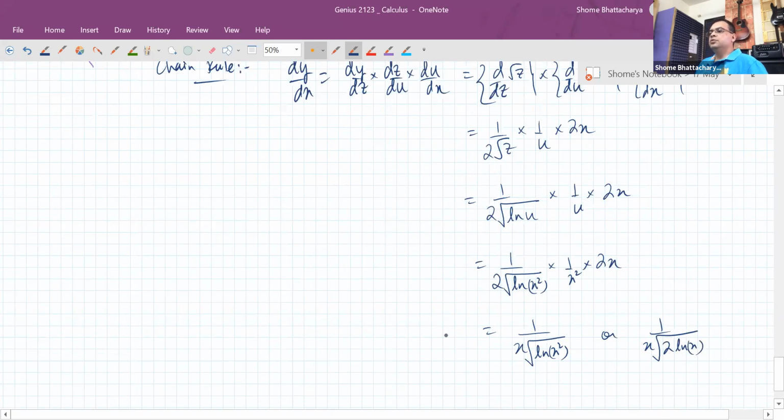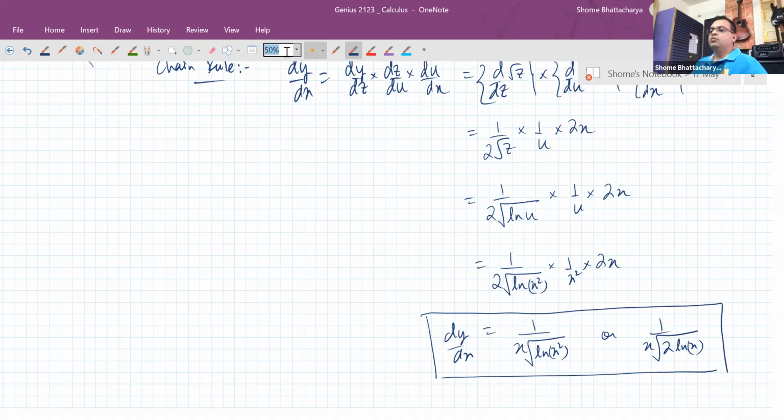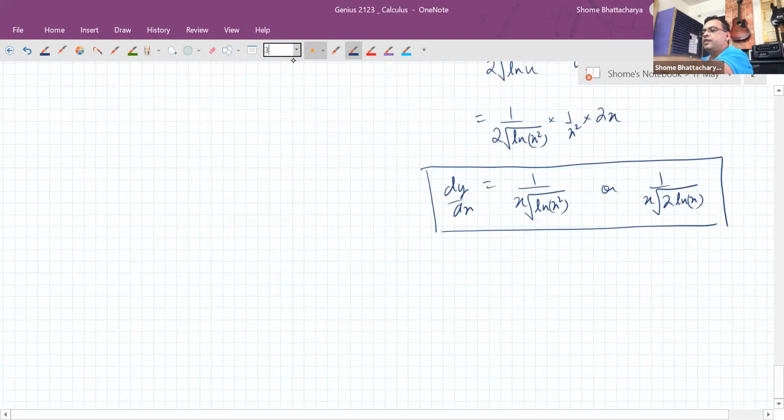So these two are interchangeable. This is a more complicated, extreme example of application of chain rule.